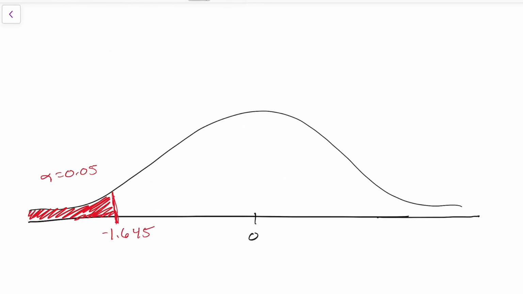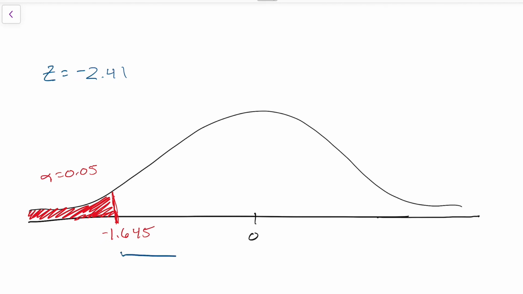Here is our standard normal graph with the critical value of negative 1.645 that corresponds with the left-tailed test with significance level alpha being 0.05. And we just computed our test statistic z to be negative 2.41.